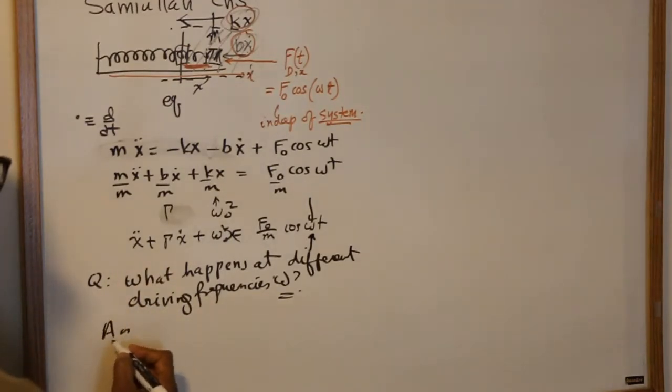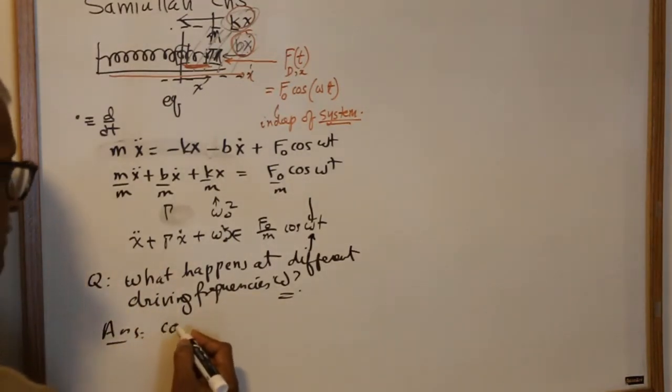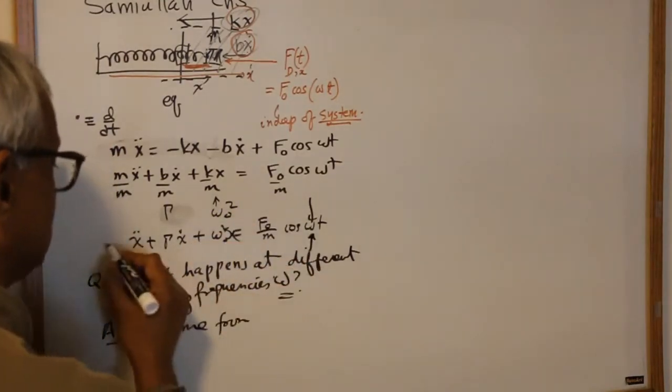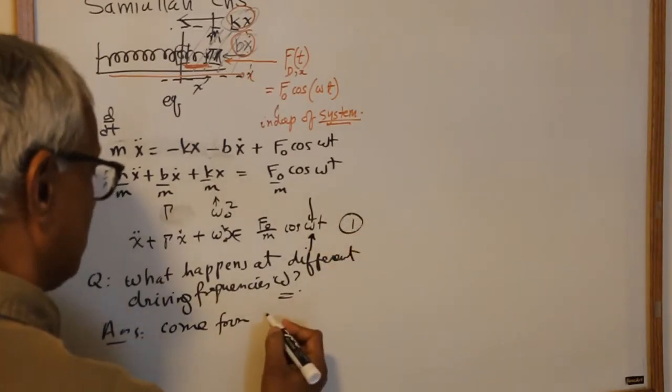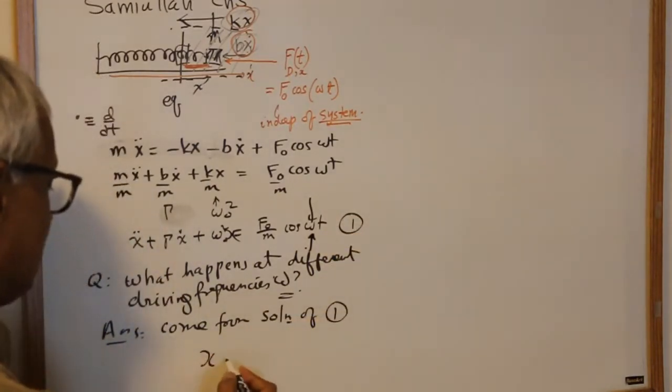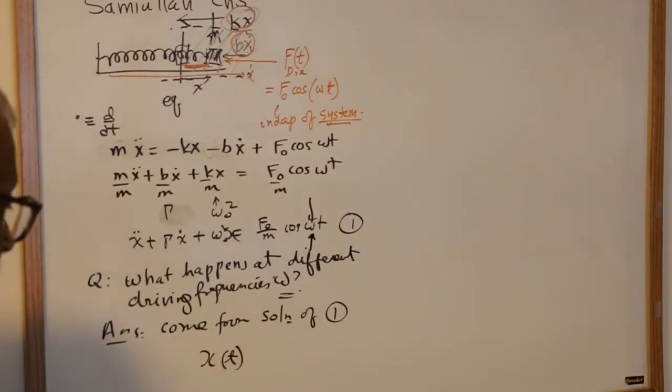So the answer will come from knowing what the solution is, from the solution of x, some function of t. How do I solve this equation?